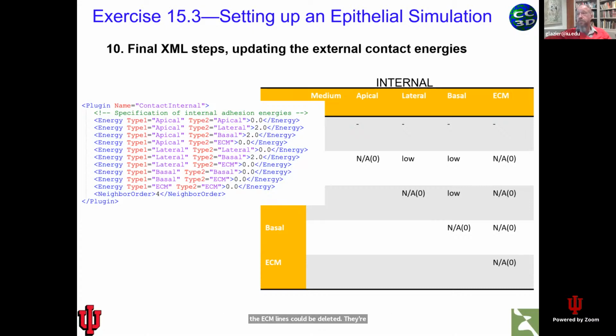They're not doing anything. But basically, the self types, apical will never occur because you're only going to have one apical compartment per cell. So in fact, a lot of these things don't ever happen. The only things you have are apical lateral, apical basal, lateral basal. Those three are the only energies that actually matter. And here they're all being set to 2.